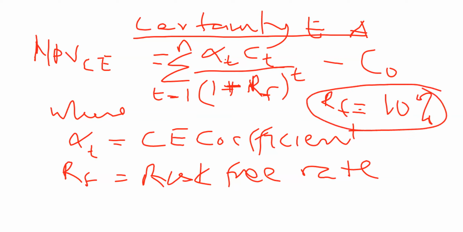Can you hear me? I can hear you. The question I want to ask is this. This NPV certainty equivalent is the formula for this one. That one was NPV RADR. This one is CE, the certainty equivalent method: alpha T multiplied by the cash flow. Remember that alpha T is the certainty equivalent coefficient, which started from 1 and 0.9 down to 0.3.